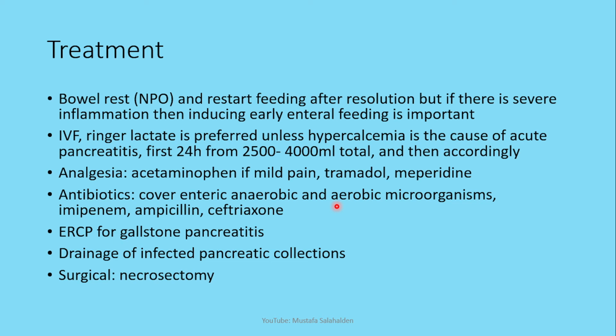You can use any other antibiotics that cover the enteric anaerobic and aerobic microorganisms, and also follow the local guides because every hospital has different antibiotic types. So you should check your local guidance for this.